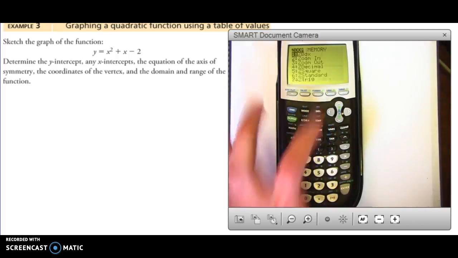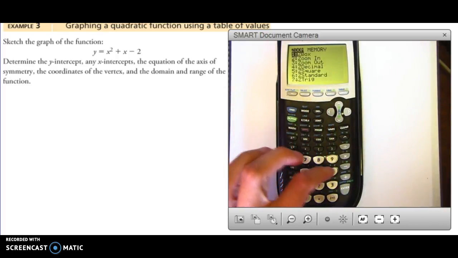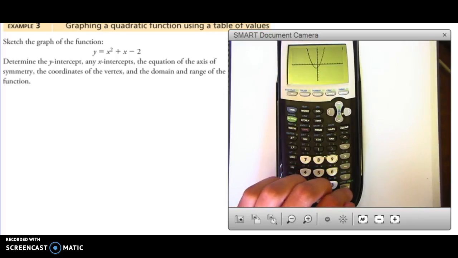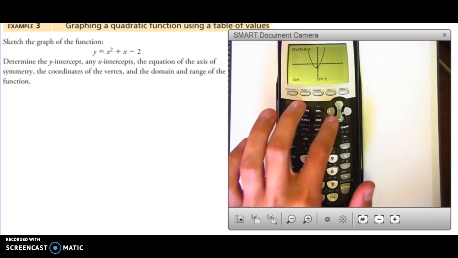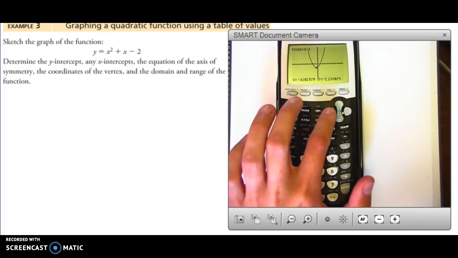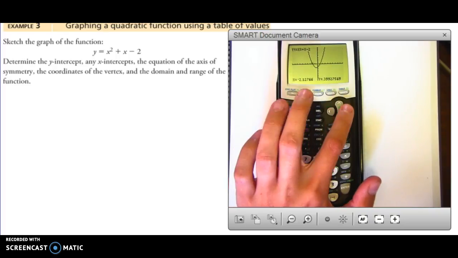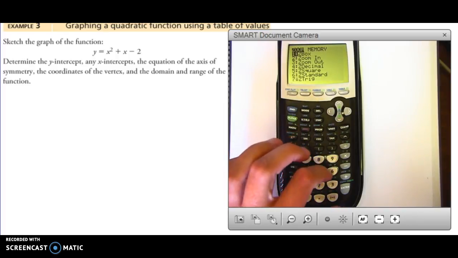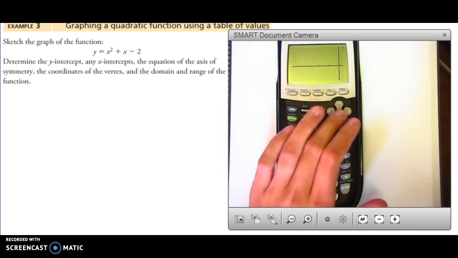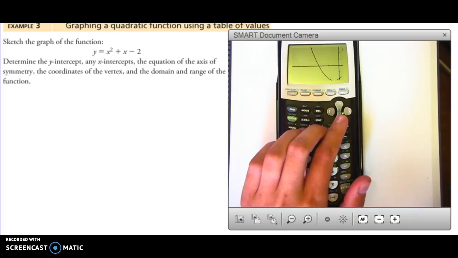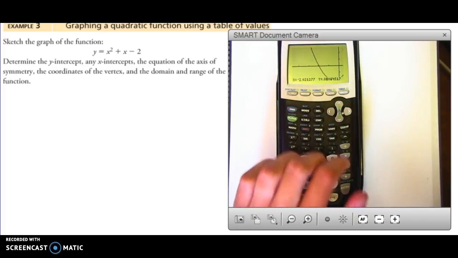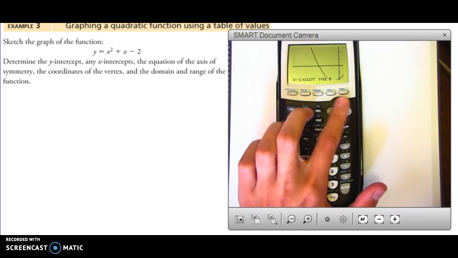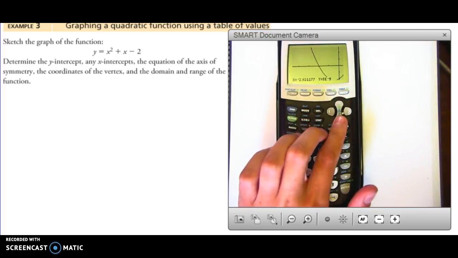Then if I go back to zoom standard and hit trace, I can trace up to the next one. It looks like it's going to be at minus 2, but to make sure, we can zoom in on that point and get closer, and it is at minus 2. So our x-intercepts are minus 2 and 1.